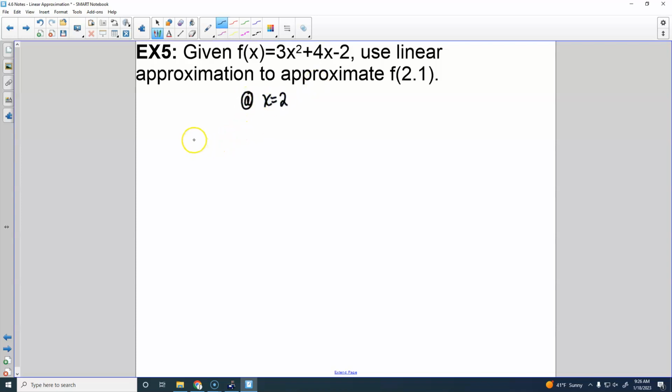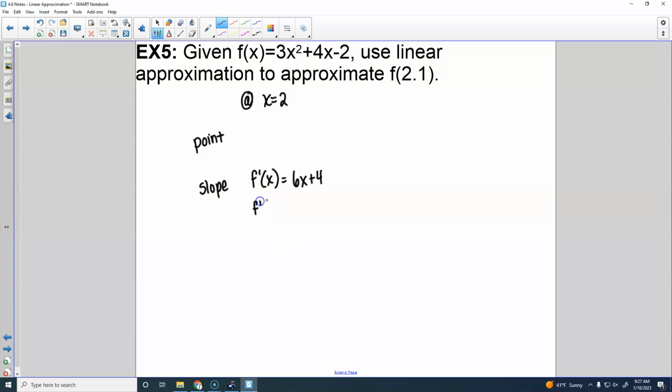So, for our point, let's see, Braden, what have we got to do to find our point of tangency? Derivative, we can, but that is not going to give us our point on the line, but our slope, right? So, if we take our derivative, what are we going to get for that derivative, Braden? And then how do I find the slope at x equals 2?